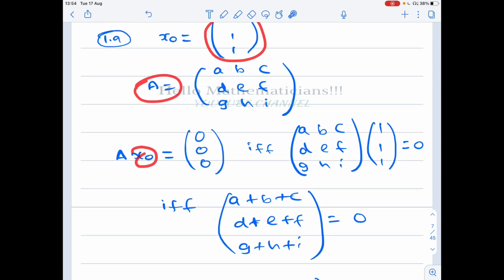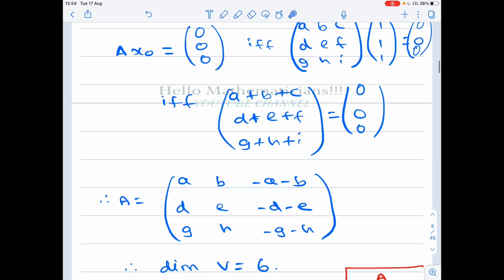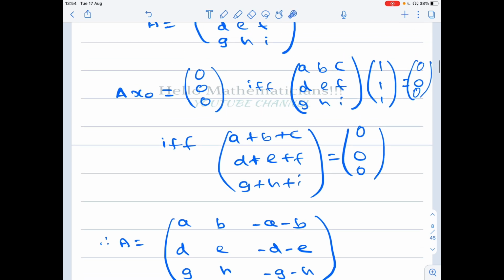Suppose A x naught equals 0. That means if you act this matrix on this vector, you should get 0. So if you act this matrix on this vector, you get a plus b plus c equal to 0, d plus e plus f equal to 0, and similarly for the third row. Basically the sum of the entries in each row is 0.